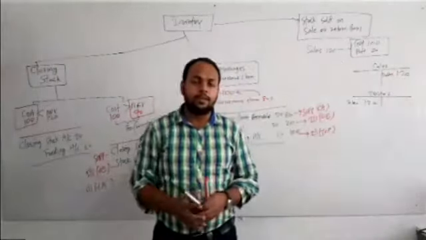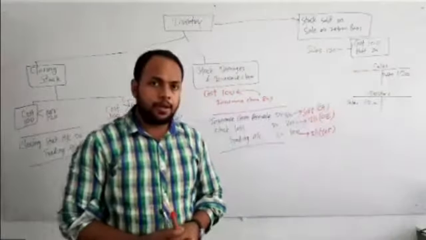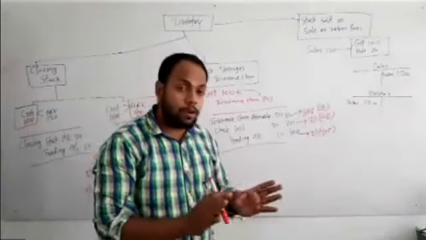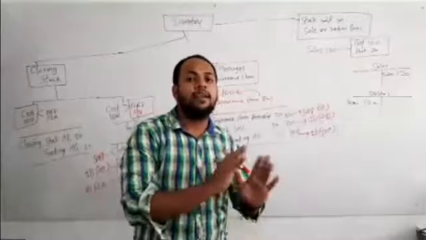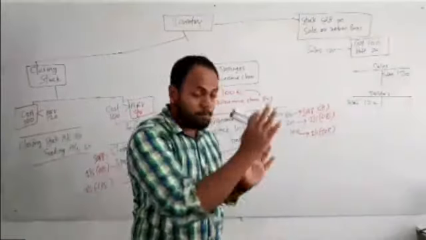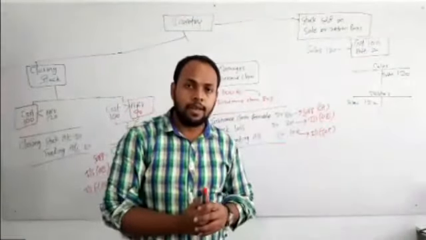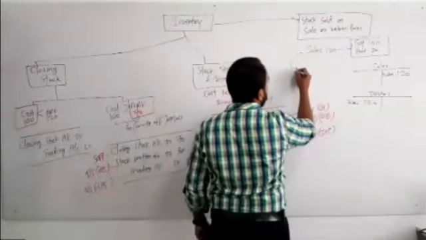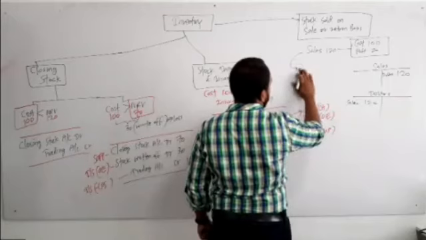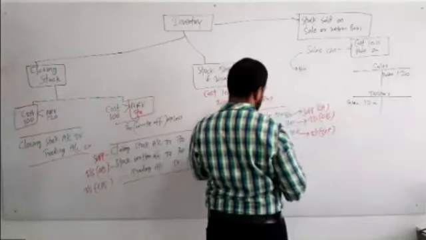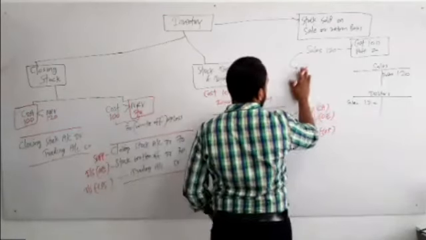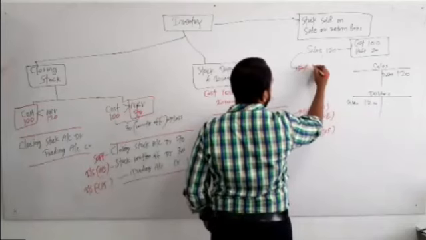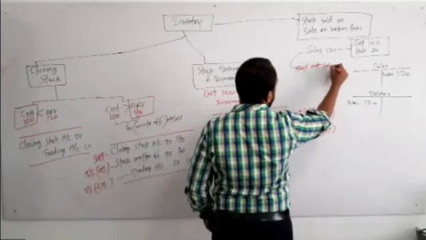If it is sold, there is no issue. You will keep this entry and you will prepare the financial statement. But let's say 50% of this is not sold.